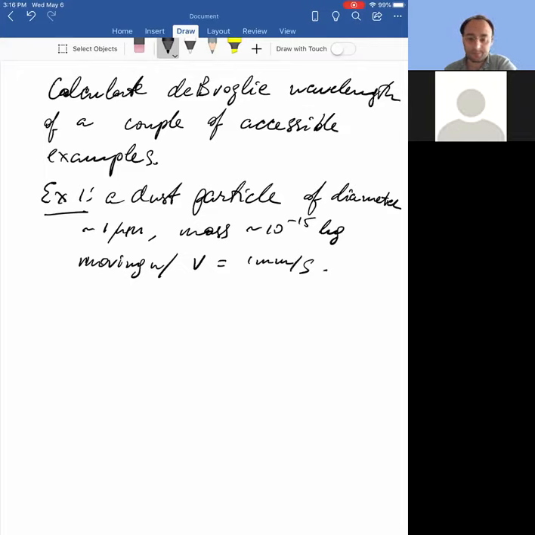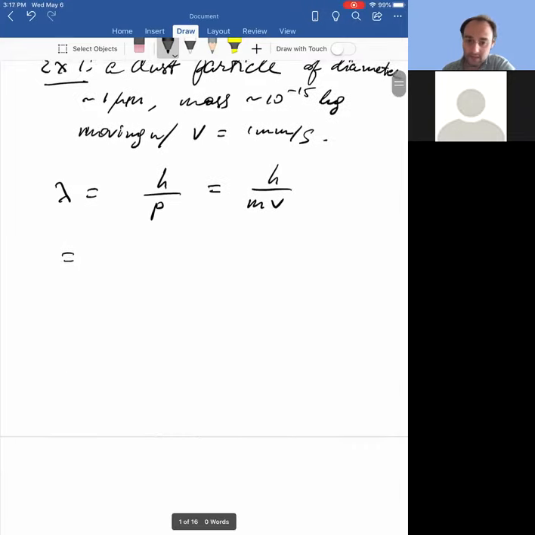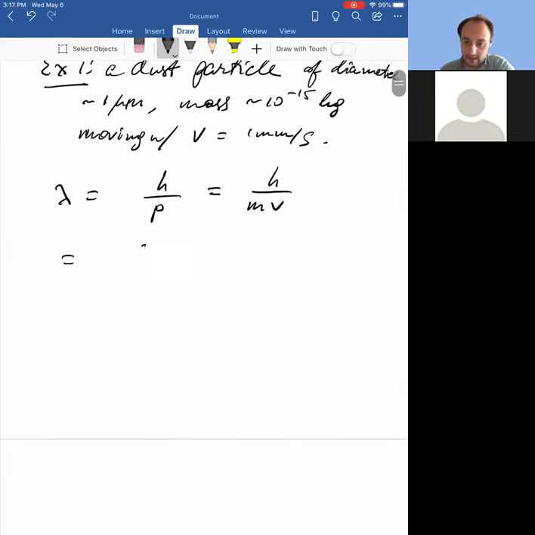Okay, so lambda equals h over p. It's a clearly non-relativistic dust particle, so that's h over mv. Let's plug and chug. Well, h is really small, 6.6 times 10 to the minus 34. I'm not gonna put units, and this is 10 to the minus 15.